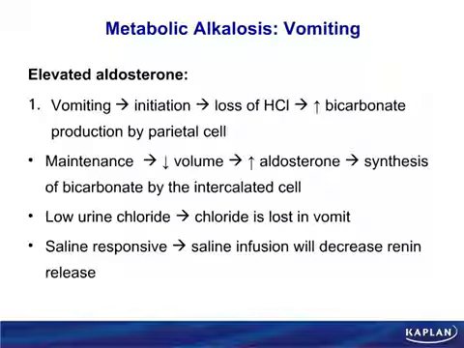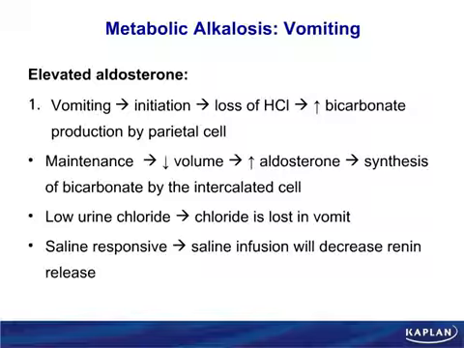That's the initiation. The maintenance is due to low volume, because when you vomit, you also lose volume. That stimulates renin release, which leads to aldosterone release. Aldosterone will lead to increased synthesis of bicarbonate by the intercalated cells.